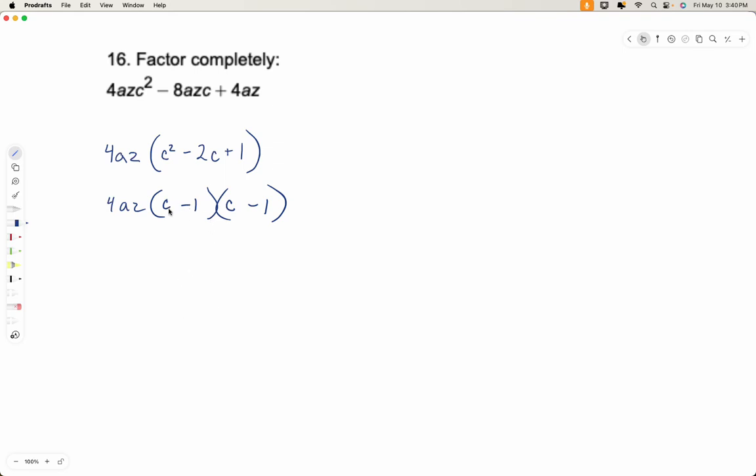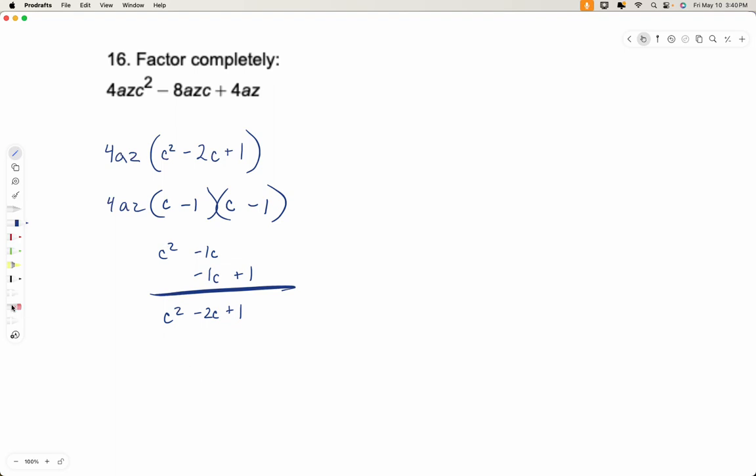Whenever I multiply these, I get C times C is C squared, and C times negative 1 is negative 1C, and then negative 1 times C is negative 1C. We put C squared right here. And then negative 1 times negative 1 is a positive 1. So it gives me C squared minus 2C plus 1, which is what we have right here, okay?